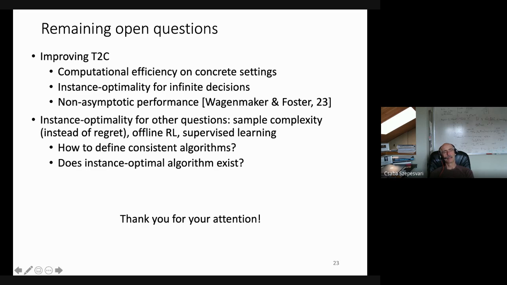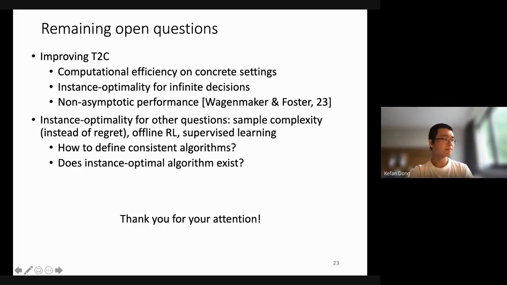And related, what about infinite action spaces? What do we do there? Yeah, that's a little bit tricky, because recall that in our lower bound we say we need to distinguish two instances. But if you have an infinite action space, it's not always the case.